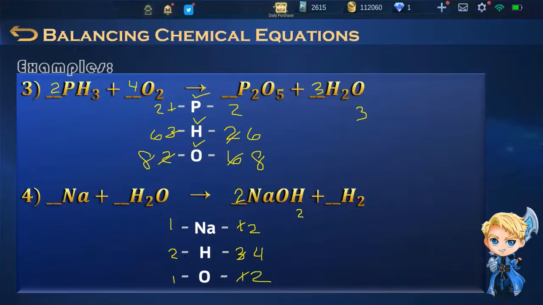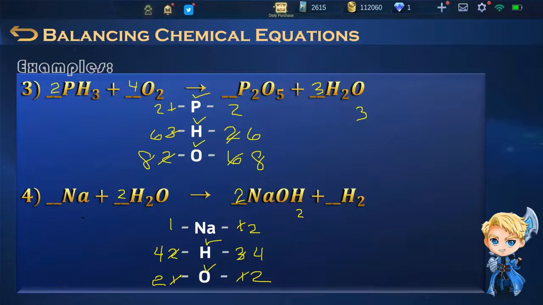Okay, so let's balance first the hydrogen. Hydrogen, what will be our multiplier to make this one 4? Nothing else, just 2. 2 times 2, that is 4. And don't forget to update the oxygen, since it's affected. 2 times 1, that is 2. Balanced. And what's left is sodium.